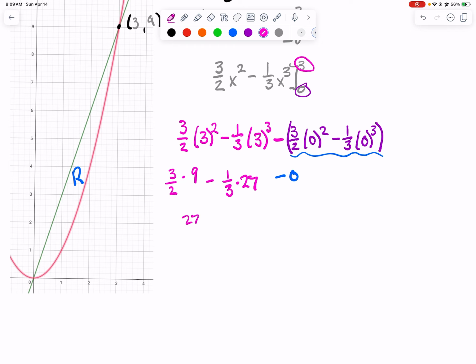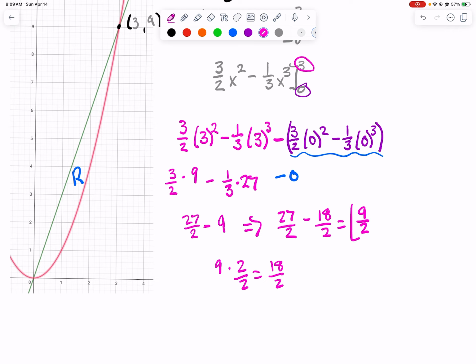I have 27 over 2 minus 27 divided by 3, which is going to be 9. We can put 9 over 2 by doing 9 times 2 over 2, which would give me 18 over 2. Because we're subtracting fractions, we're just going to subtract the numerators. 27 minus 18 is going to give me 9 over 2.